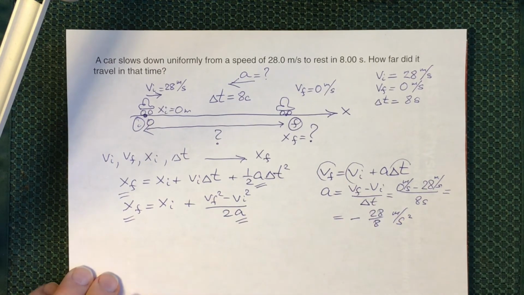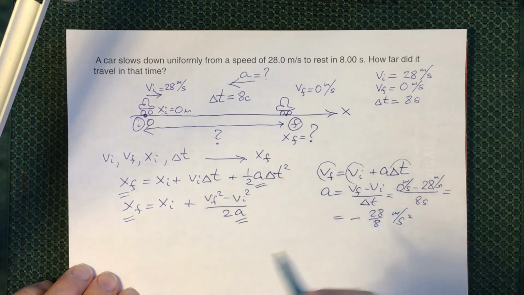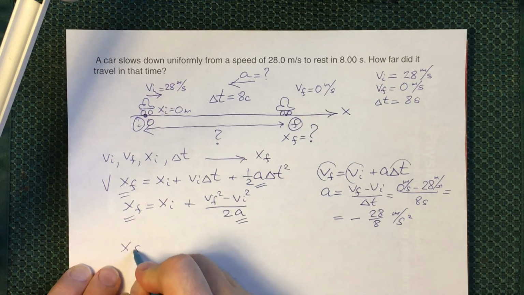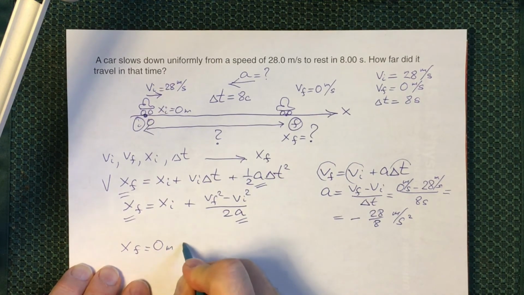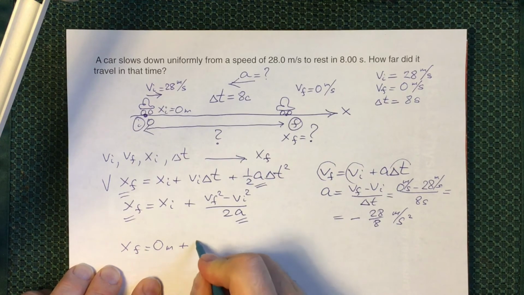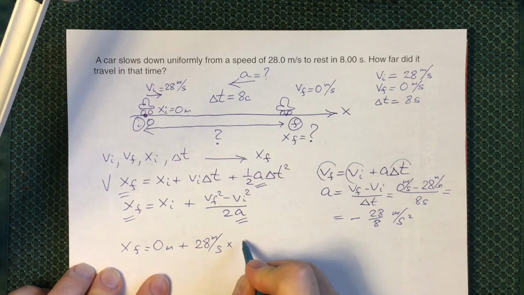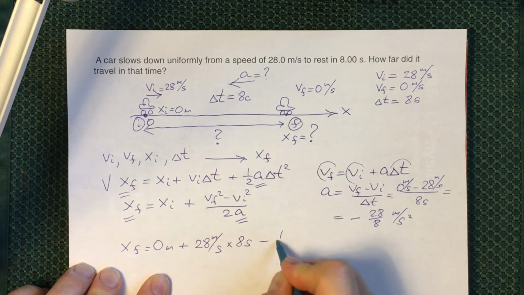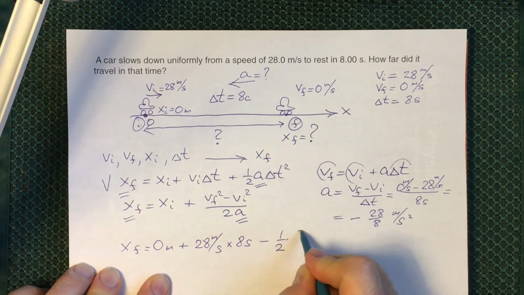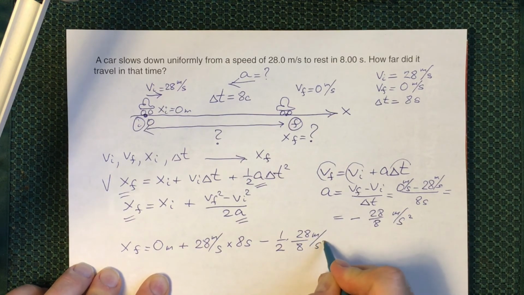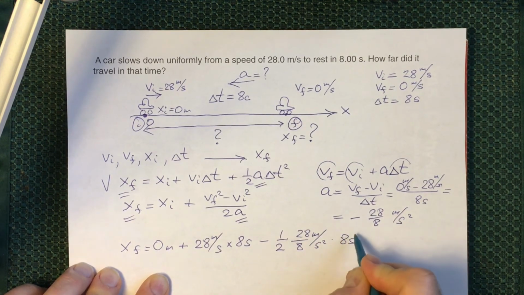After you have this acceleration, you can use either of these two formulas given to you, whatever you like. If you decide to use, let's say, the first formula, you will have x final equals 0 meters plus v initial, 28 meters per second, times 8 seconds, minus 1/2 times 28 over 8 meters per second squared times 8 seconds squared.